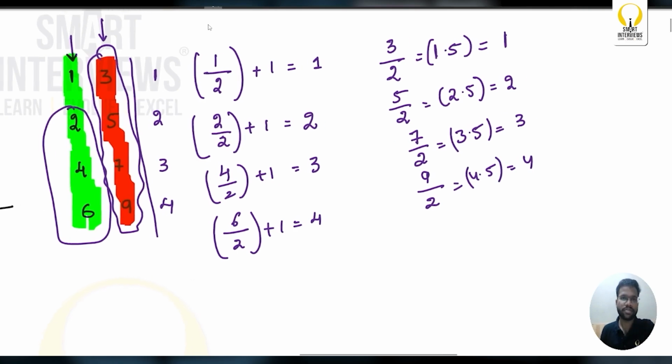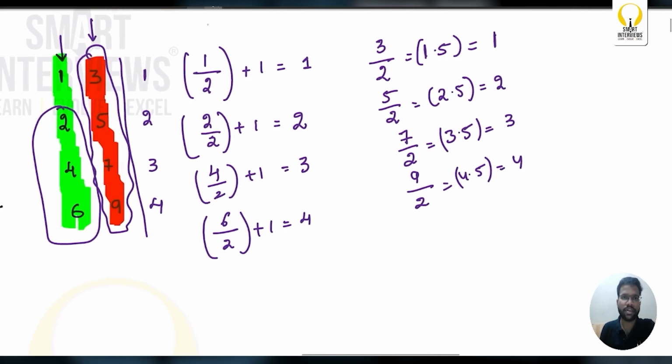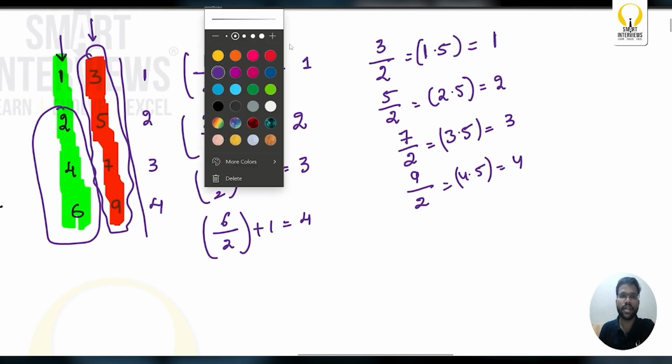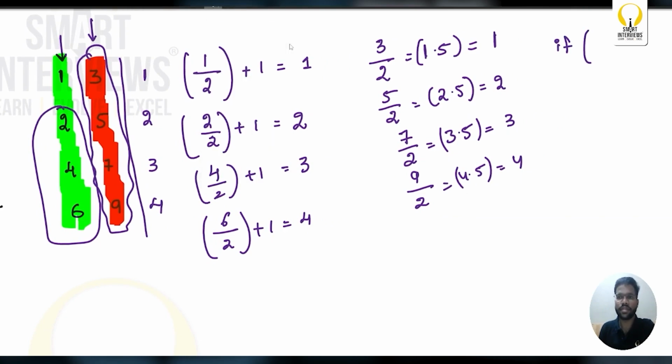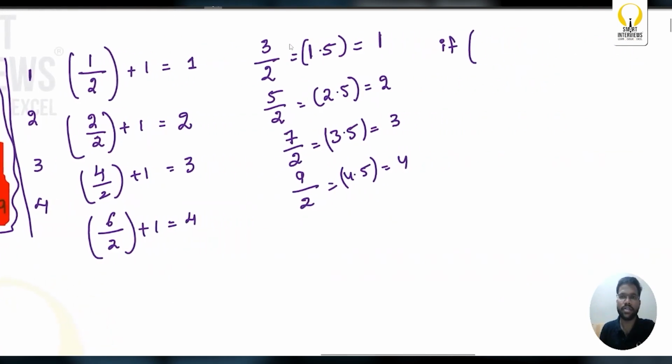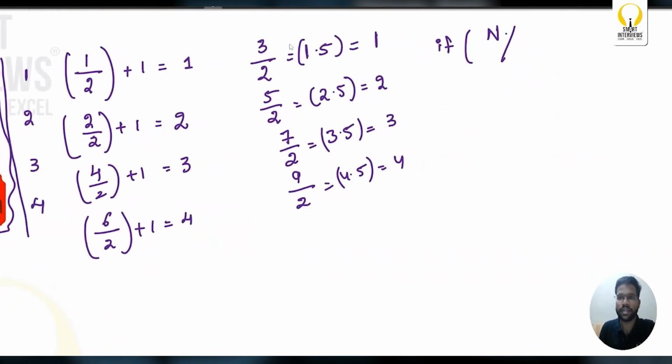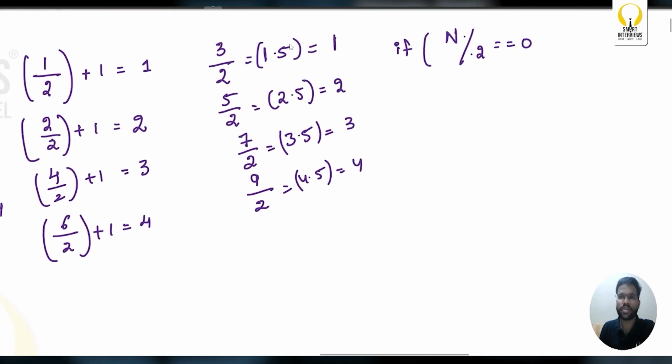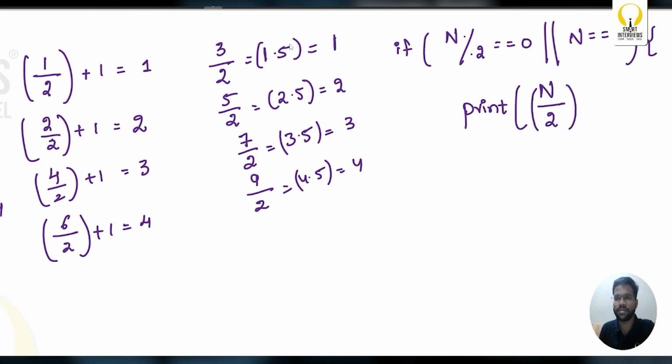So pretty straightforward pattern that we have observed here, which is, let us consider this value n. So if n is an even number, if n modulo 2 is equal to 0, or if the value of n is equal to 1, what will you do? You will be simply printing the value you get by n by 2 plus 1.